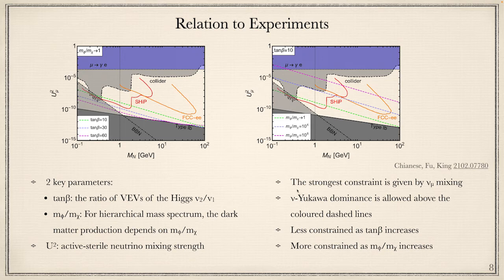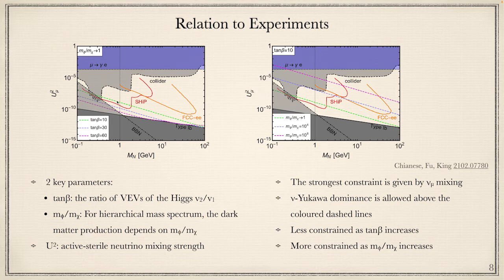And after studying the mixing of all three neutrino species, we found that the strongest constraint is coming from the mu neutrino mixing, which is shown in the plots above.